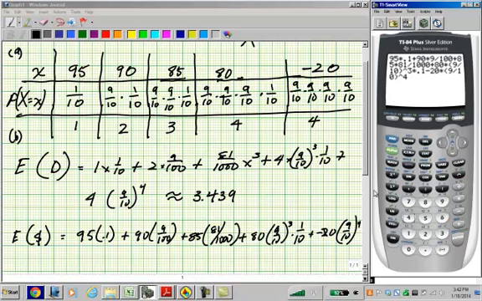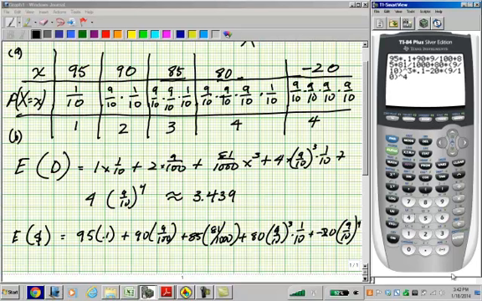Okay, 95 times 0.1 plus 90 times 9 over 100 plus 85 times 81 over 1,000 plus 80 times 9/10 cubed times 0.1 minus 20 times 9/10 to the fourth.